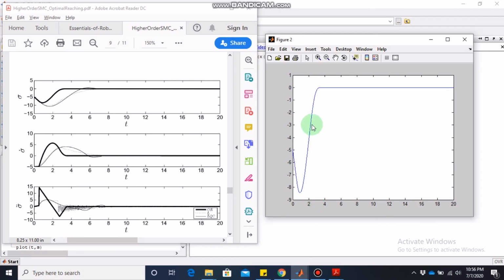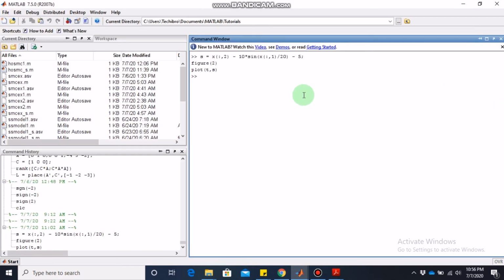So if you want this plot to be exactly the same, we can do that as well. We can say the y-axis in this plot is minus 15 to 5, and we can put the axis command, so the x-axis is 0 to 20 and the y-axis is minus 15 to 5.